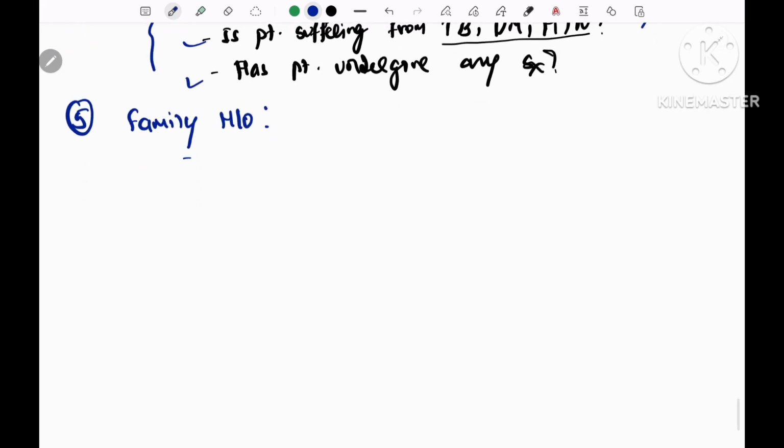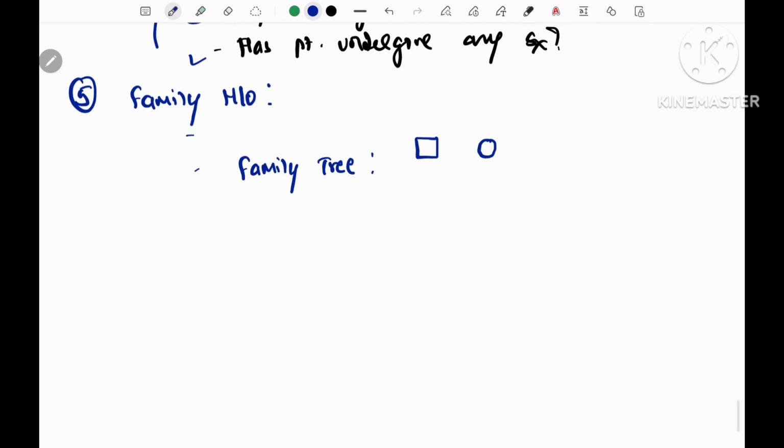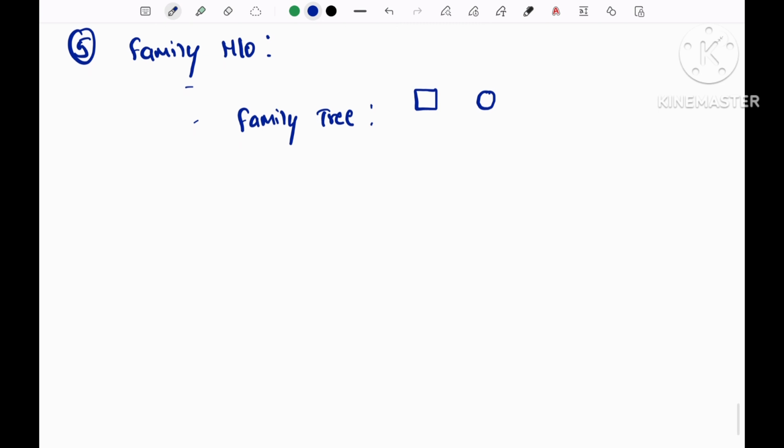In some cases, we have to draw a family tree, where males are represented as rectangles and females as circles. But I think we should not discuss the family tree. Let's talk about the next point.